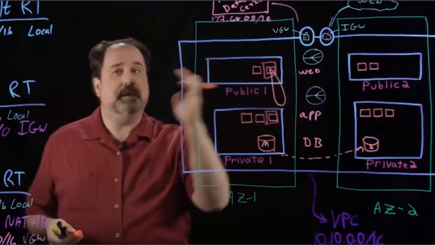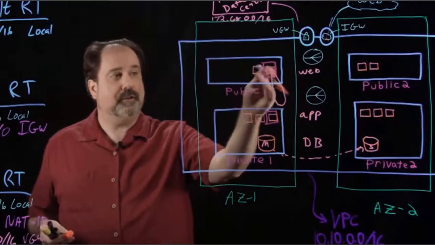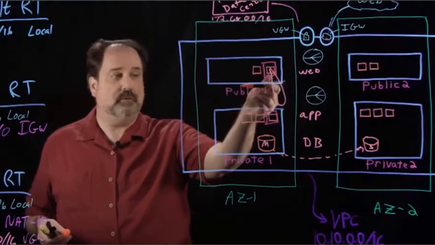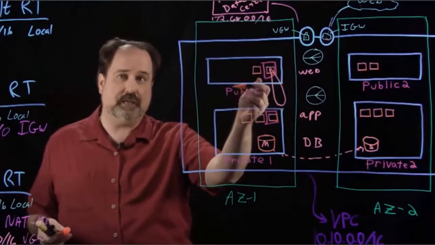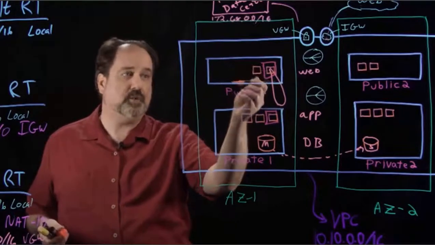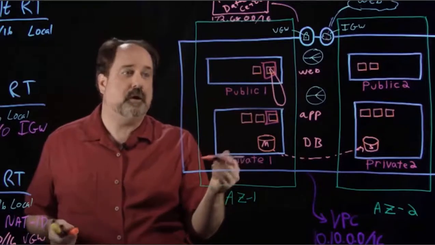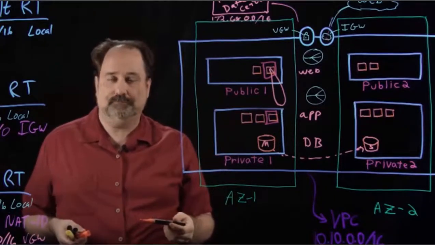This idea of being able to remember return traffic is what separates it from the NACL, whereas the NACL has an inbound rule set and an outbound rule set, and each one must be evaluated as part of any round-trip process.